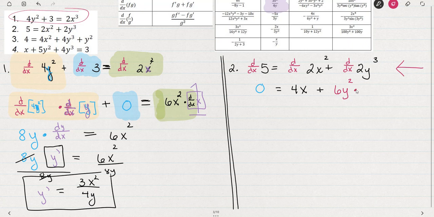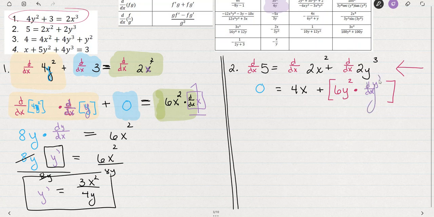But don't forget to chain, because now I'm going to multiply that times the derivative with respect to x of y, which I could rewrite y prime. The derivative with respect to x of y is just y prime.